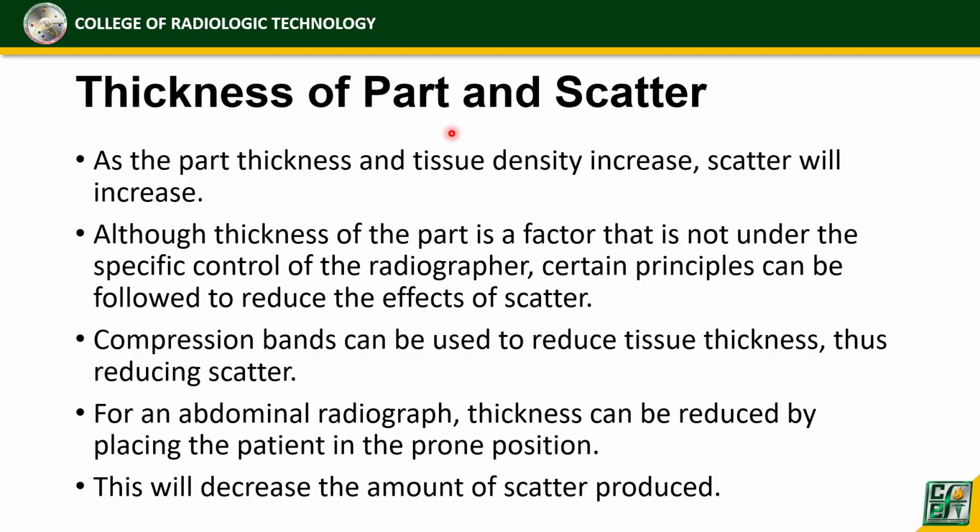Okay, so pag manipis ang body part, mas konti lang yung scatter radiation na ma-produce. Okay, so isang way to reduce the tissue thickness ay yung compression bands, na nilalagay para lumiit yung mga tiyan.